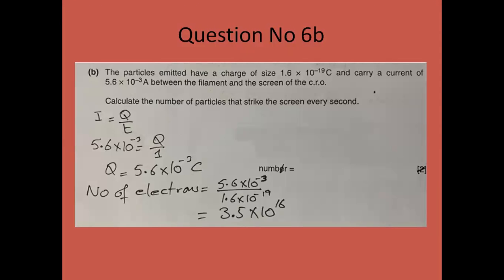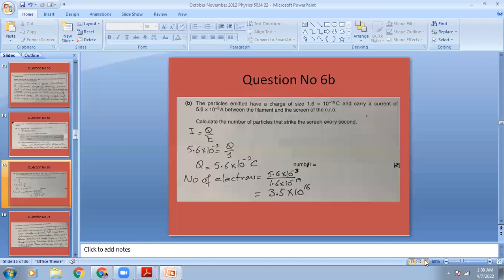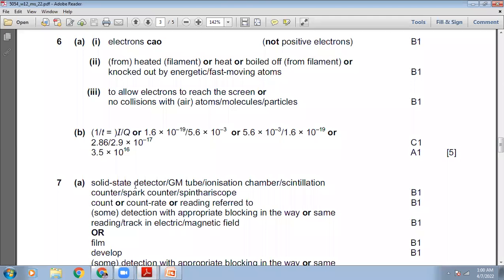I = Q/T. The amount of current is 5.6 × 10^-3, and the time is 1 second. So Q will be 5.6 × 10^-3 coulombs. Now, the number of electrons is that charge divided by the charge on a single electron. So 5.6 × 10^-3 divided by 1.6 × 10^-19 gives you 3.5 × 10^16.